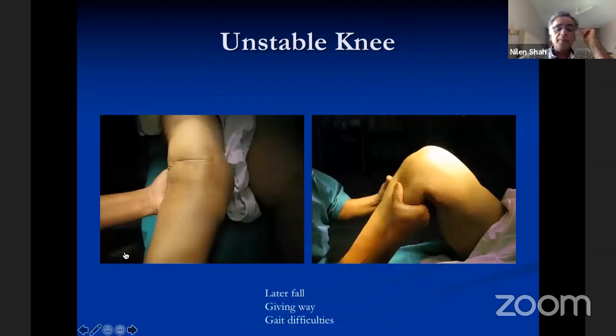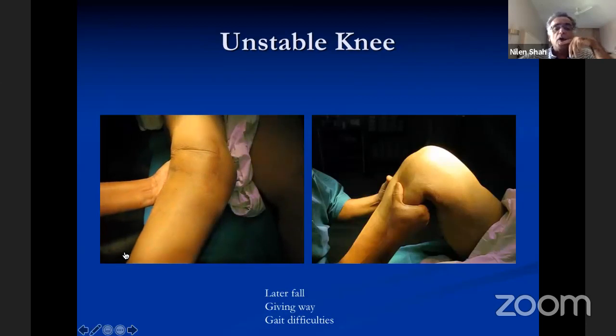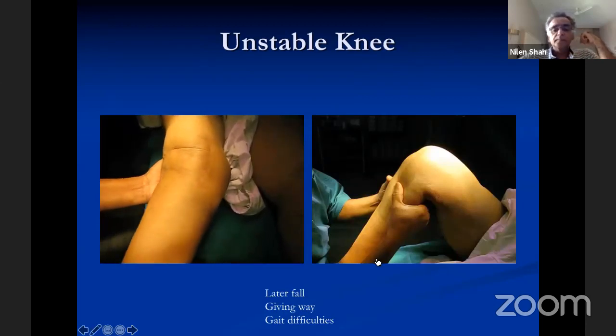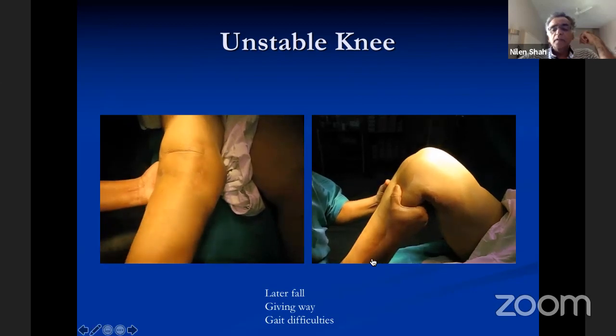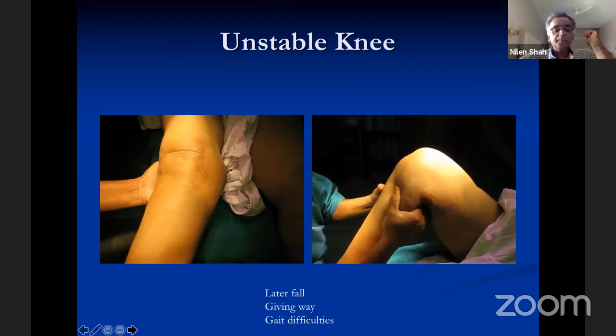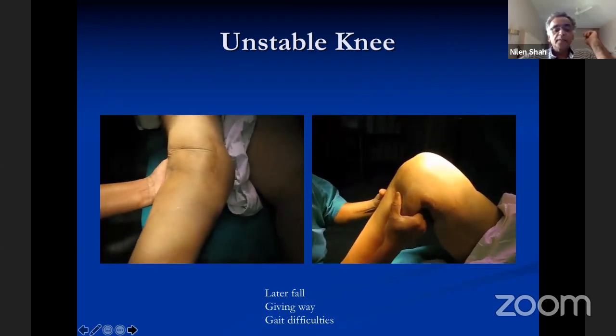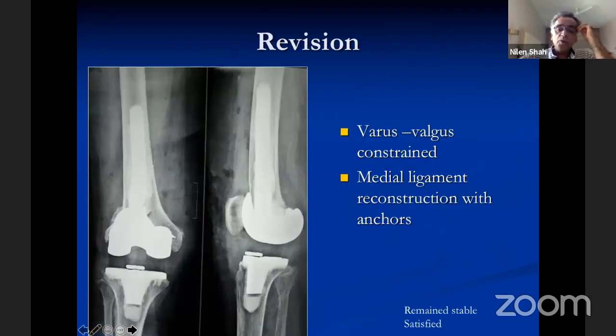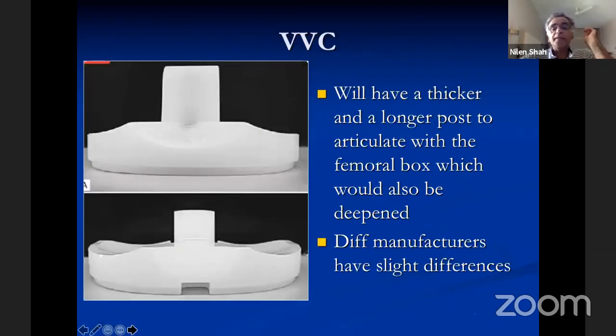And she ended up, after a fall, with a grossly unstable knee and gait difficulties. We managed to revise only the femur with a varus valgus constrained and a stem, and the medial ligament was repaired with anchors, and she has remained stable and satisfied.